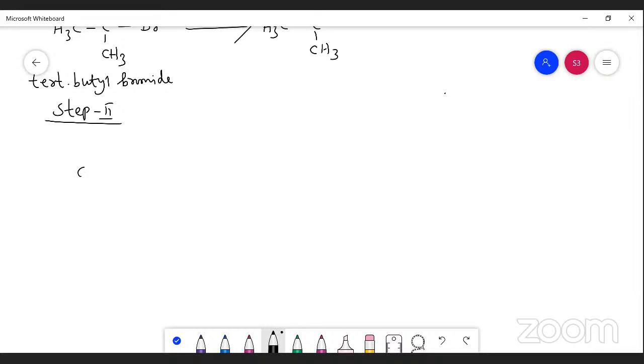If you take the carbocation CH3, CH3, for the purpose of removal of the beta proton, I am writing one CH2 like this, with one H, next CH3, with a positive charge. This is the carbocation. What is the name of the carbocation? Tertiary butyl cation. Now it reacts with the second reactant, alcoholic potassium hydroxide.